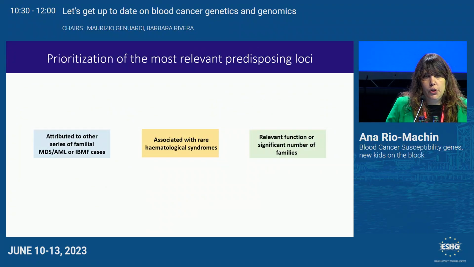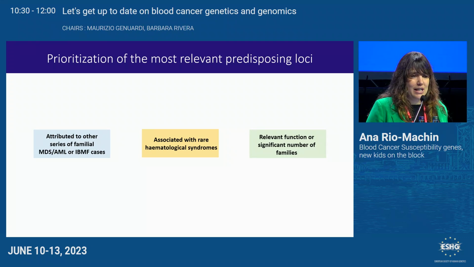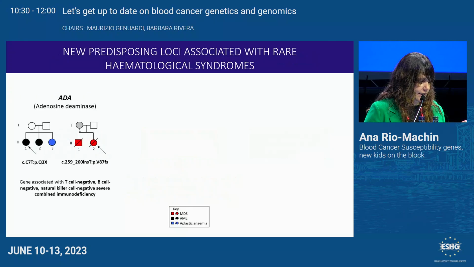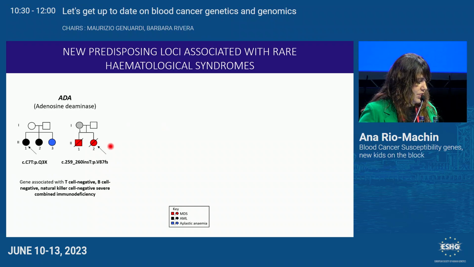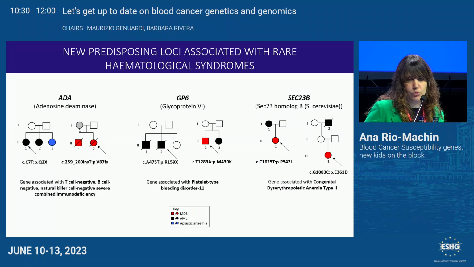We also looked at whether some of our genes were previously associated with, or responsible for, rare hematological syndromes. We were very lucky because we had ADA, GP6, and SEC23B. Germline variants in ADA are responsible for a severe immunodeficiency, and GP6 is the gene responsible for a bleeding disorder.